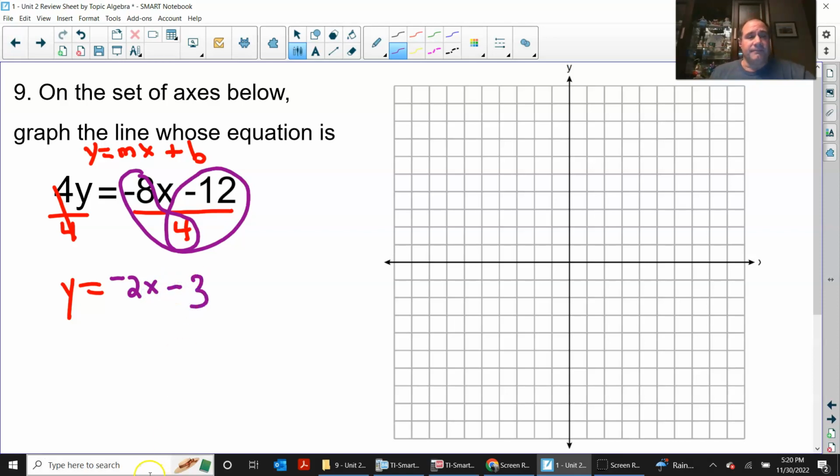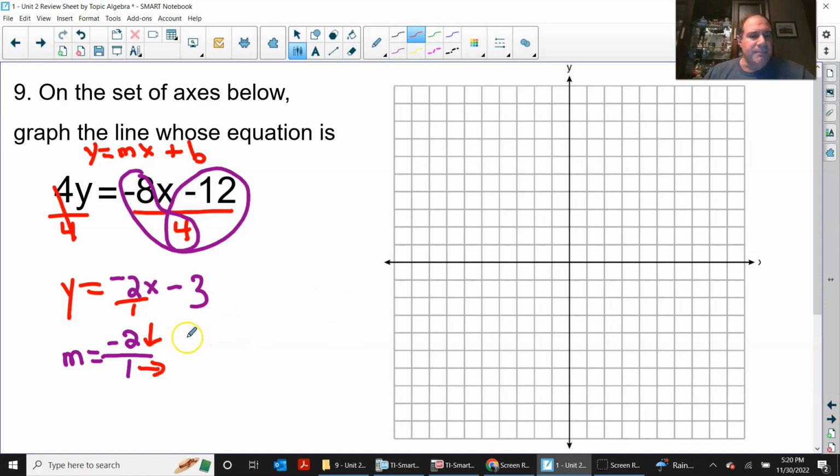All right, so the m is negative 2, and when you're graphing, please put it in rise over run format. Just put a 1 underneath there, right? So you're going down for the rise because it's negative, and you're going to the right because that's positive. That's the run. Going to the right is positive.